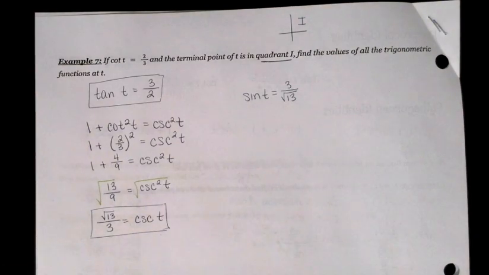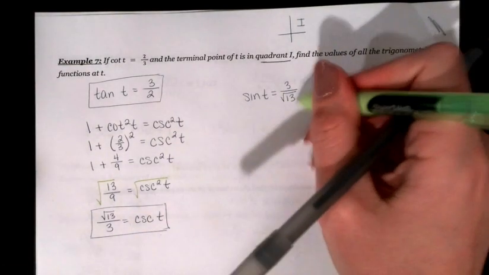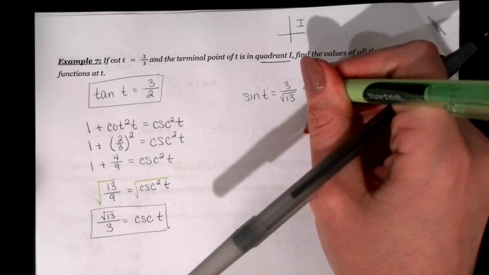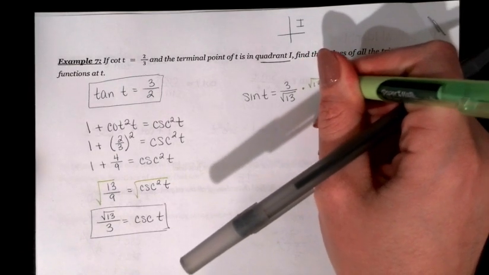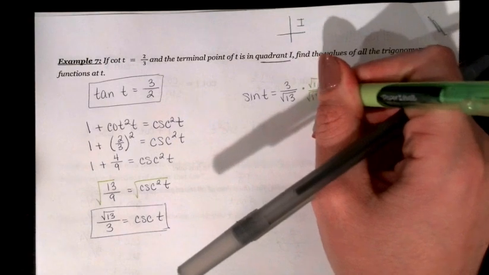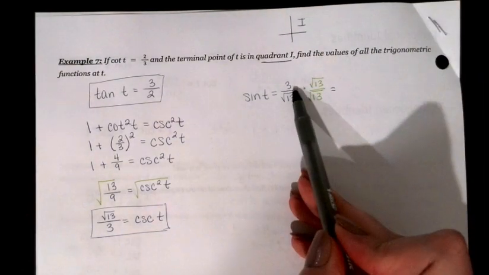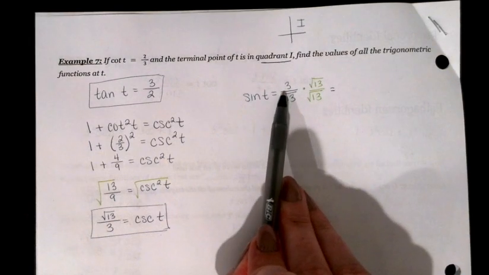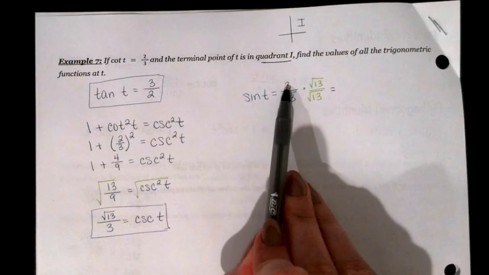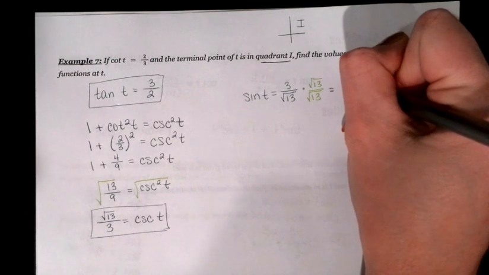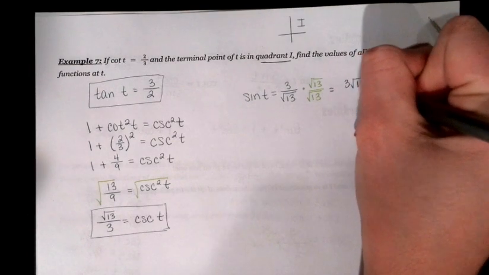However, I have to rationalize this denominator. I cannot leave it with a radical in the denominator, so I'm going to multiply the numerator and the denominator by the square root of 13. When I do that in my numerator, since this is not inside a radical, but this one is, I just squish them together. So I have 3 square root of 13.